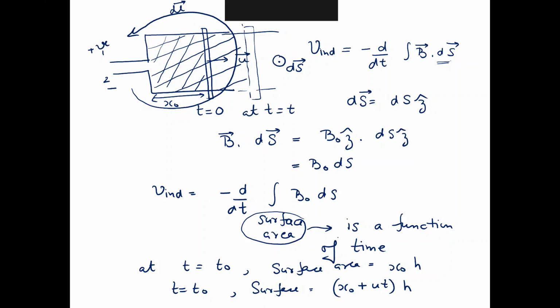So at any specific time t, my width is going to be x naught plus ut, and my total surface area is going to be x divided by h. So that's basically where my limits are going.